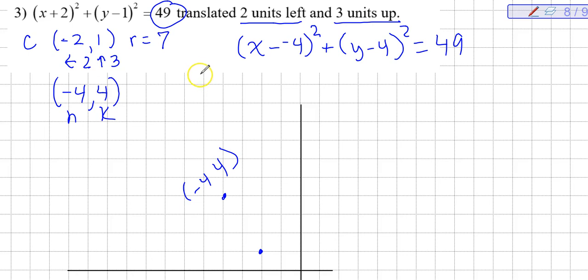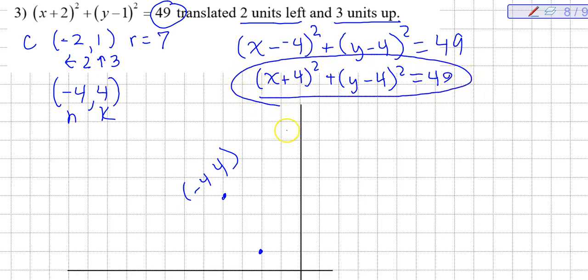The circle just moved. Clean it up. That would be x plus 4 quantity squared plus y minus 4 quantity squared equals 49. And that would be the new circle. And of course, you could graph it and regraph it and really just tattoo it on your brain what's happening and prove it to yourself if that's what you need to do.